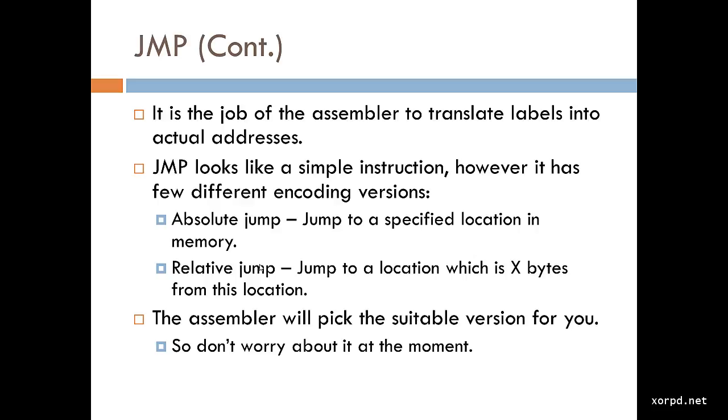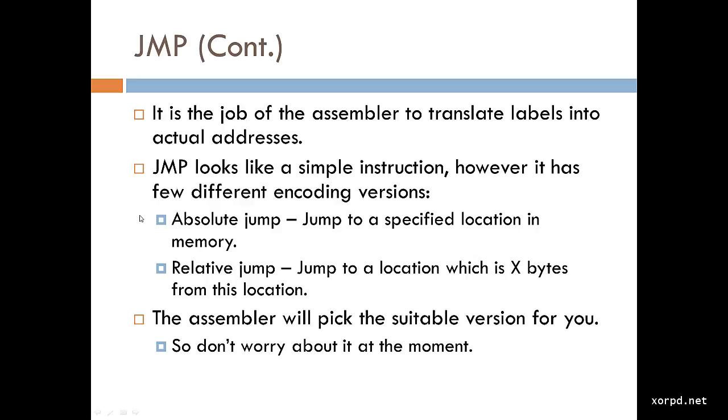Maybe in the future you are going to choose it yourself if you have a special preference in some special case, but usually you don't have to worry about it. You just write down JMP and the assembler is going to pick the right one for you. Usually if the target is very close, it is very probable that the assembler is going to pick the relative jump, because the relative jump is usually shorter.